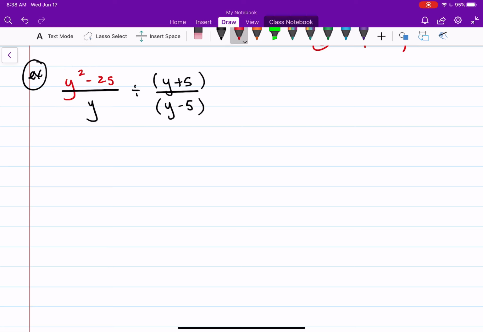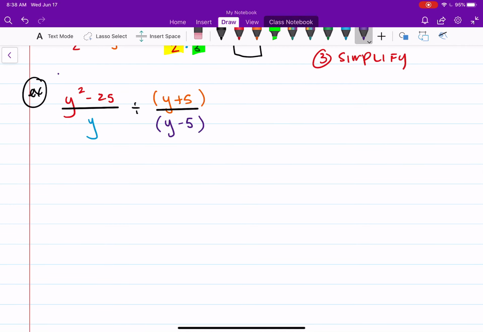That's better. So that was red. We made this blue. We made this orange, and then we made that purple. Okay? All right.